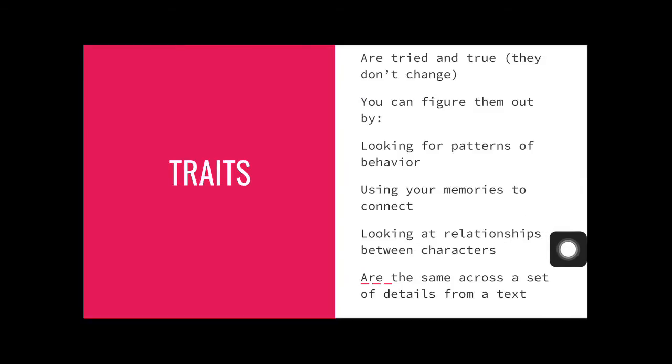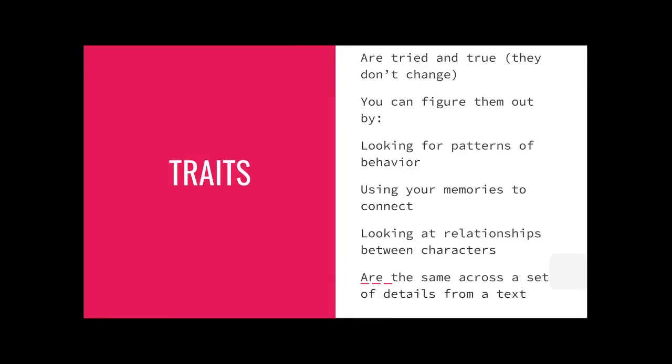Or you can look at relationships between characters and notice that the way the person treats others is the same across the text. You can use that to help you understand a trait. Traits are the same across a set of details from the text. They don't change. So we're looking for a pattern, something that's the same about a character across the whole text.